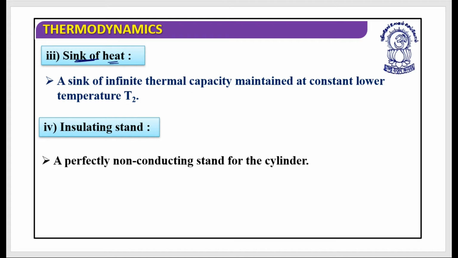It is a sink of infinite thermal capacity which is maintained at a constant lower temperature T2. And last but not the least, it's an insulating stand, a perfectly non-conducting stand for the cylinder. So these are the four components of the heat engine.